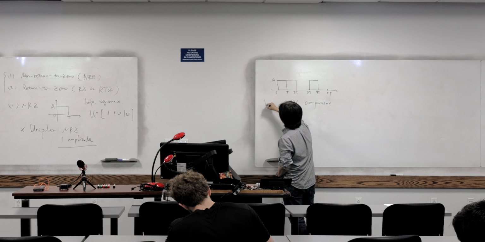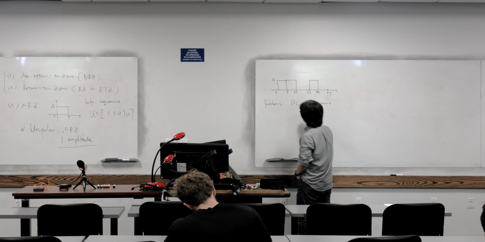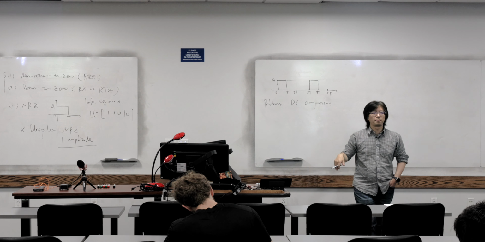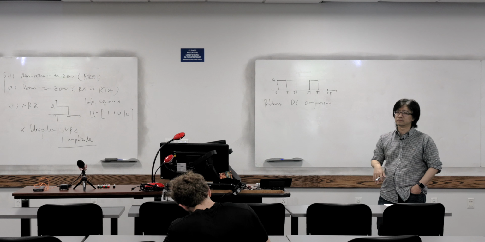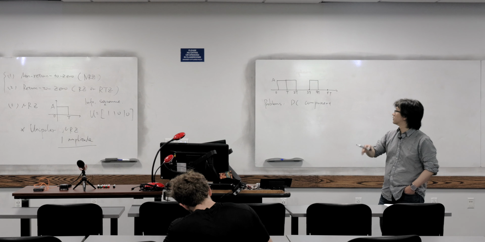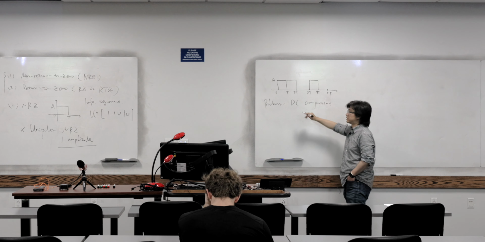Okay, so this is a problem. That's not very good. Are there any other problems? A student mentioned this last time. For this kind of thing, it's very hard to synchronize.